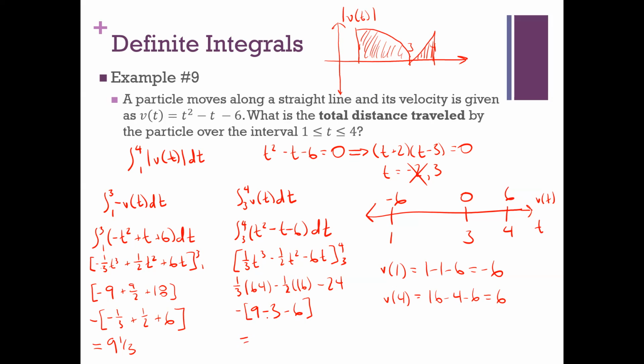Right, and this one, this final bracket quantity should be 0. (64 thirds). Why did it come out negative? Should have come out positive, right?